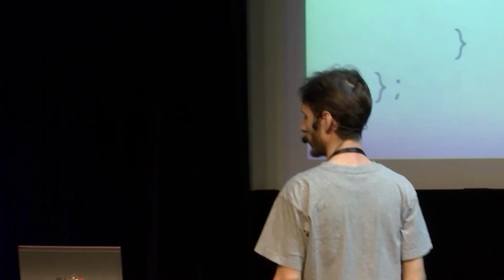So invoke, do we all know what invoke does? So who doesn't? Invoke is a generic function. In C++, we have a few different objects that we can call as functions.